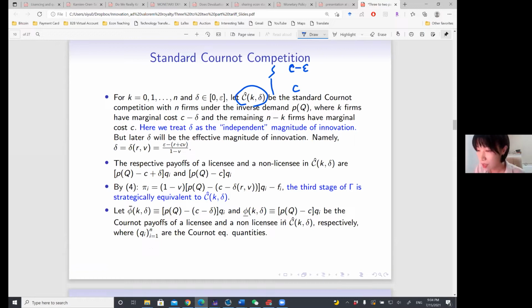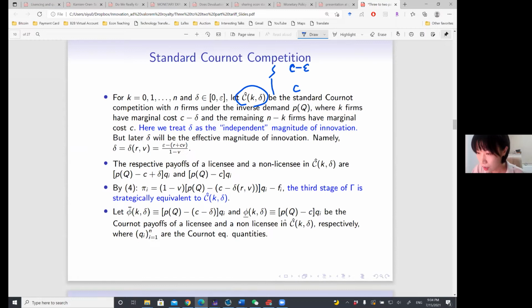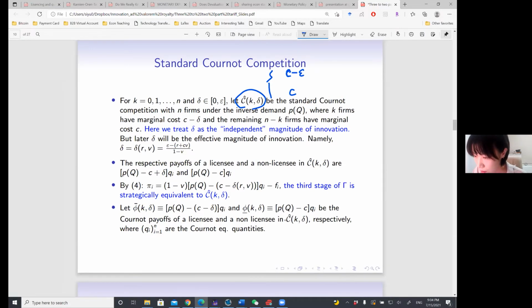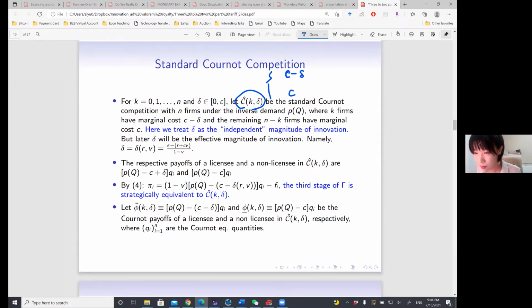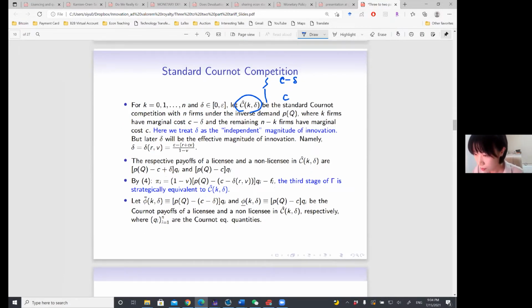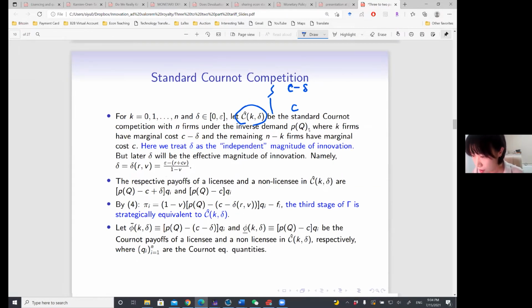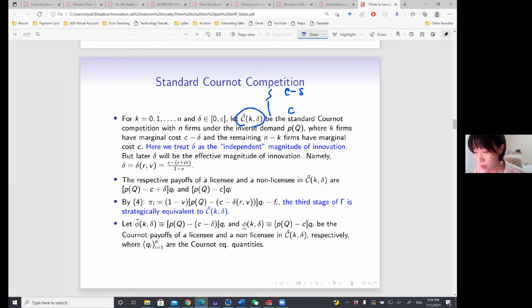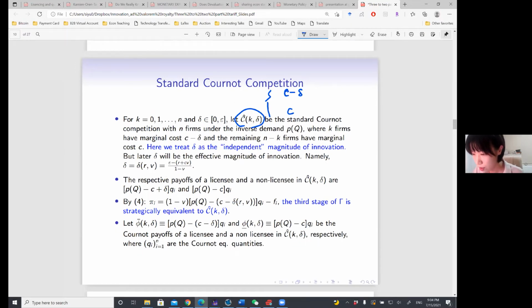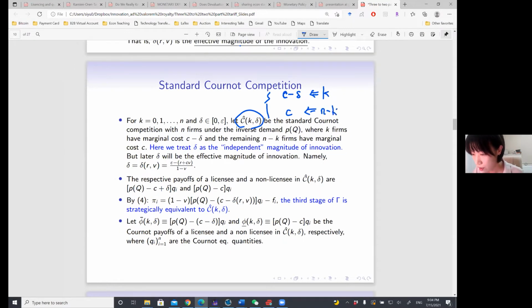I'm sorry, this is not epsilon, it is delta, C minus delta. There are K firms with this marginal cost, and N minus K with cost equal to C. And they compete in a Cournot fashion.